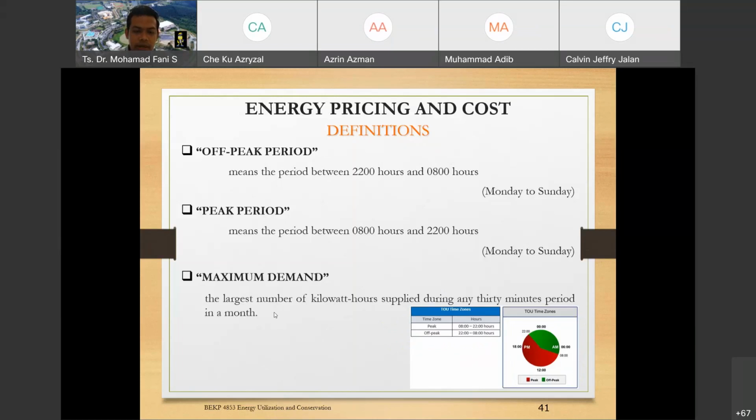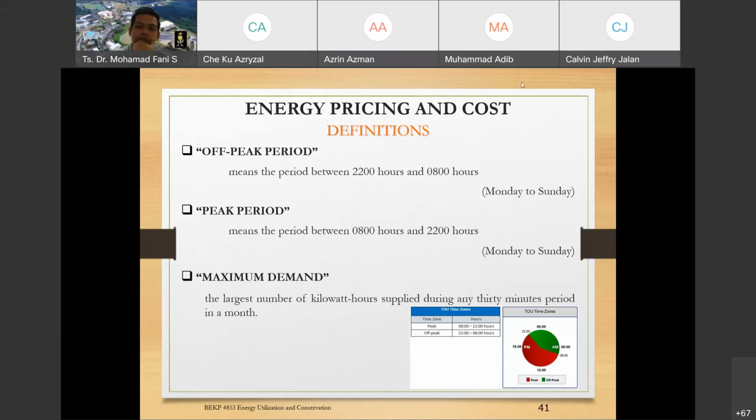And maximum demand is the largest number of kilowatts supplied during any 30-minute period in a month. So maximum demand will be charged based on the 30-minute period, the peak kilowatt supply during any 30 minutes, the largest number of kilowatts.